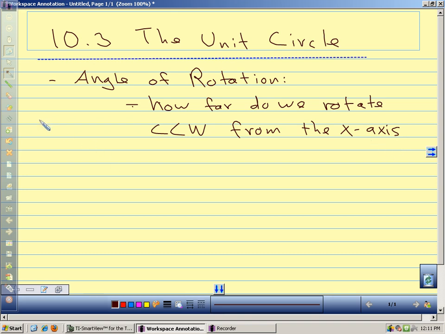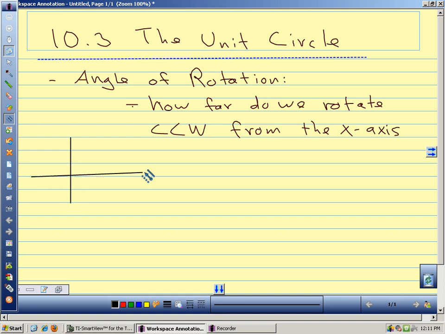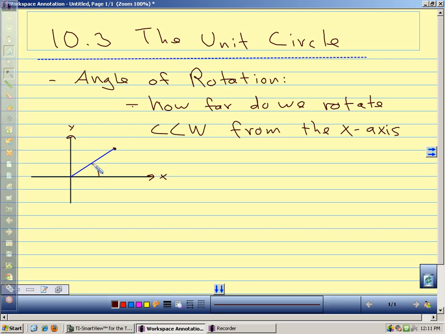So we've been talking about angles, so what we're interested in is if we have our x and y axis here, and our angle is like so. And this is x and this is y, and we're rotating counterclockwise from the x-axis, and that's our angle.